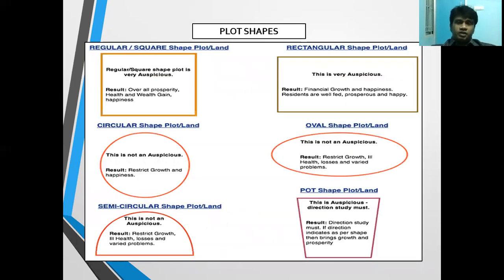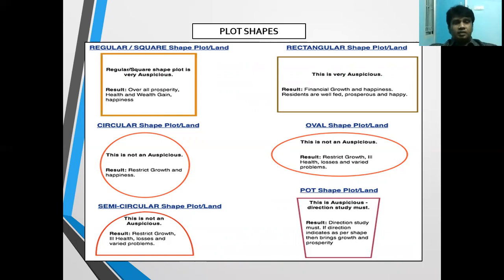Next, the plot shape, that is, the orientation of the building. Normally the orientation of the building should be rectangular or square. A rectangular or square shape gives health, wealth, happiness, prosperity, and also financial growth of the family.